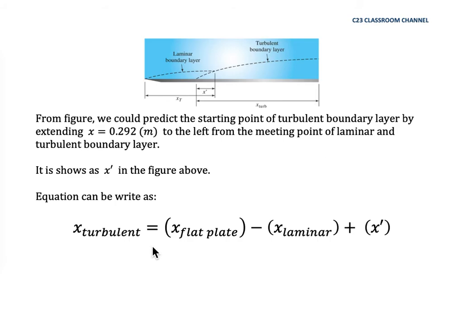So the total length for turbulent boundary layers only is equal to the total length of the flat plate minus x laminar, and then we add again the value of x prime.